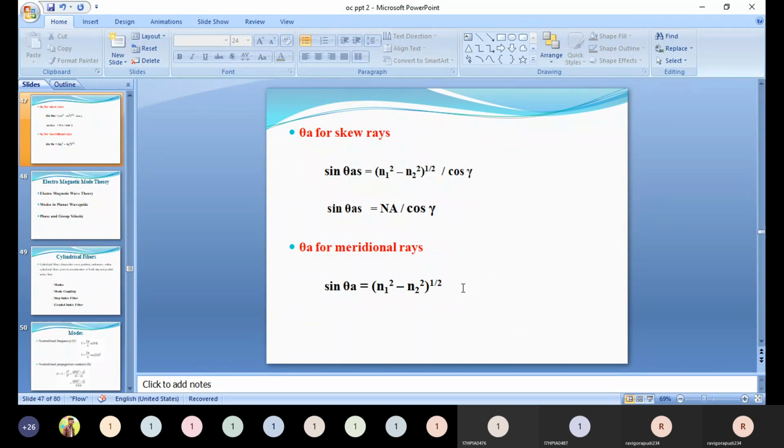A step index fiber has core and cladding refractive indices of 1.45 and 1.43.